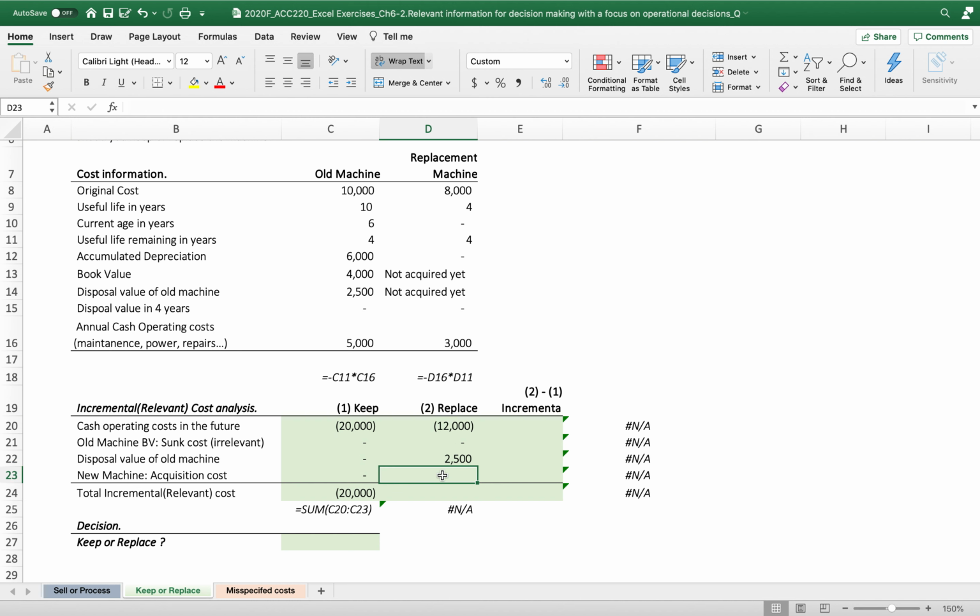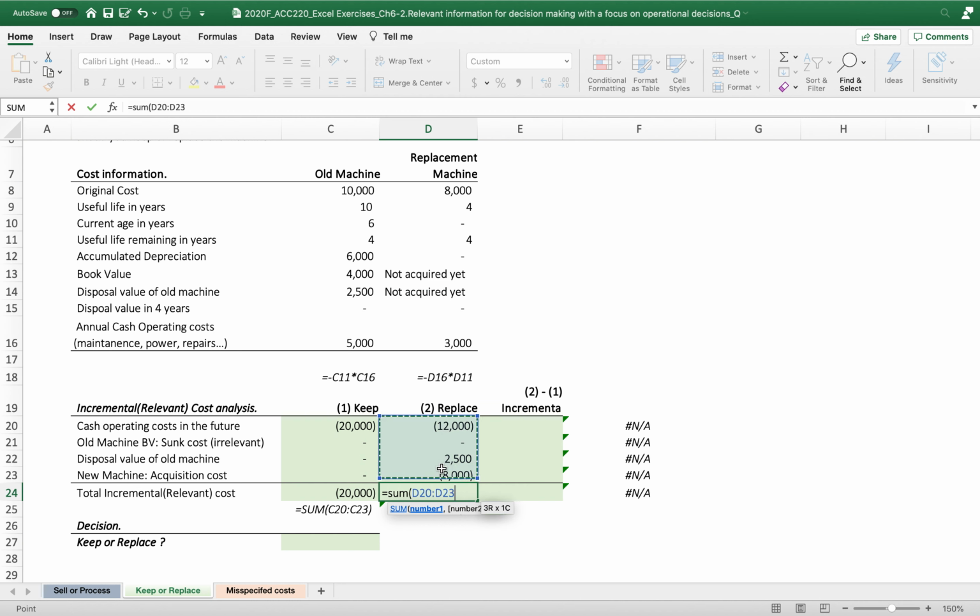The new machine acquisition cost is the relevant information. How much is the original cost of the replacement? It's $8,000, which is negative. Then let's sum up the total of cost, benefit, and acquisition cost. Now the $17,500 is the useful incremental cost analysis.